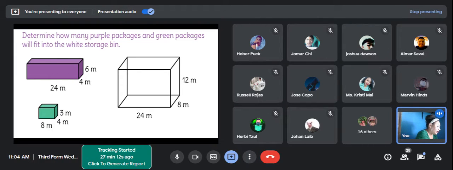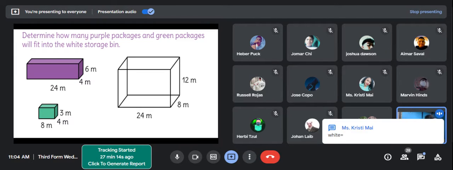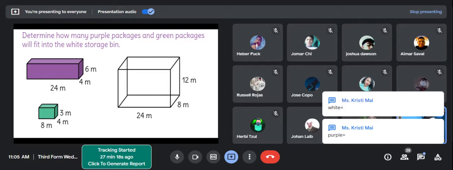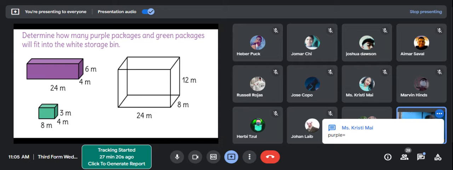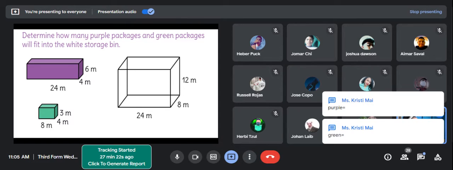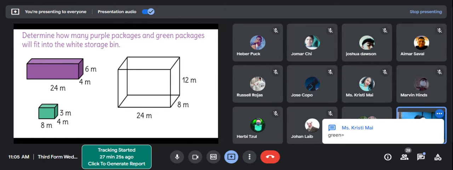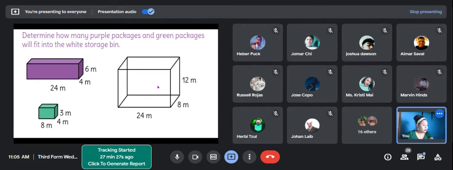And in the chat, I would like you guys to send what is the volume of the white box, what is the volume of the purple box, and what is the volume of the green box. So go ahead and do that quickly with your calculators. Only the volume is what we're working at right now.